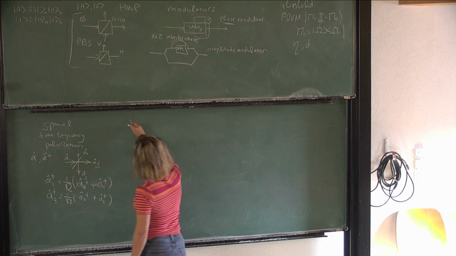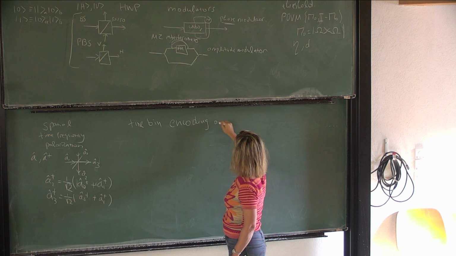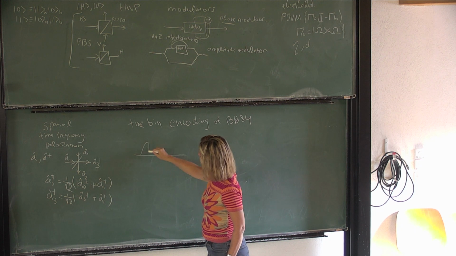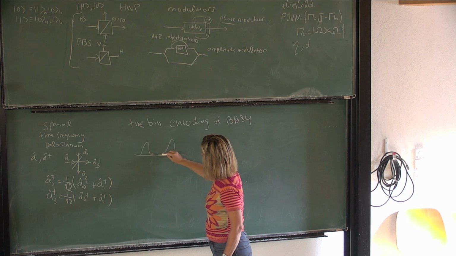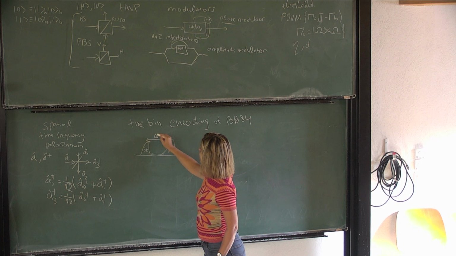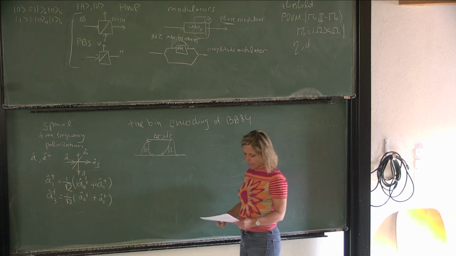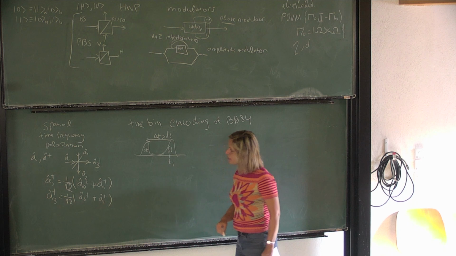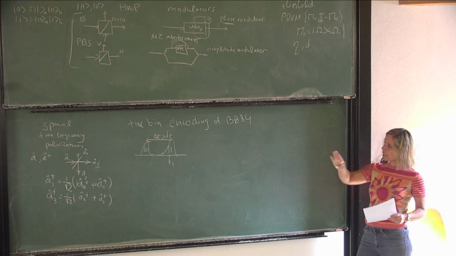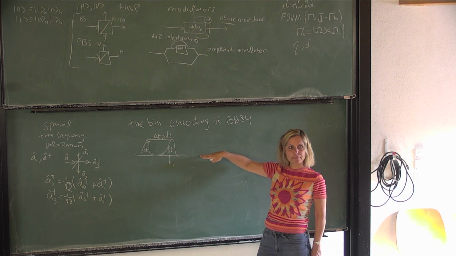So in the time bin encoding of BB84, we are going to use two pulses that have a width of delta t, while they are separated by a delta T that has to be bigger than delta t, okay, so that they are well separated in time, and you are going to use this time as a reference, so you need to have these two orthogonal modes that are essentially two non-overlapping pulses that are temporally at different times, okay, and they go through the same spatial mode, the same channel. Okay, this is what is important here.